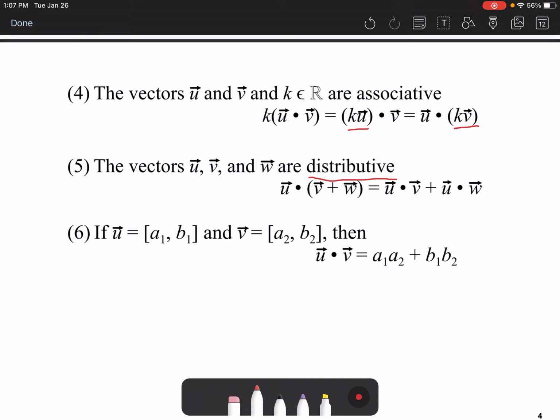So if you take u dot v plus w, just like expanding the u into the v and the w, just like with regular multiplication. And by far one of the more interesting things, if u is equal to a1, b1, and v is equal to a2, b2, the dot product is just the product of the components added together.